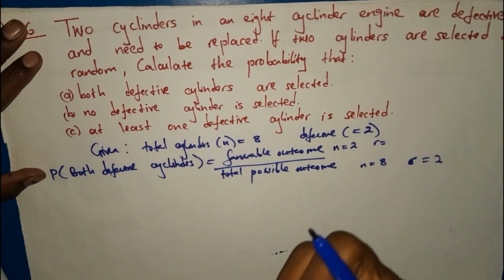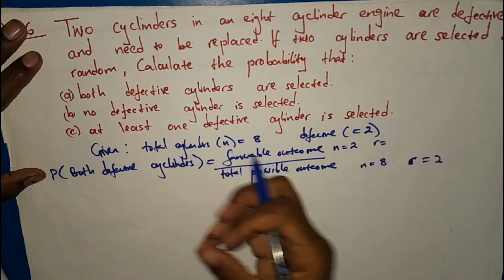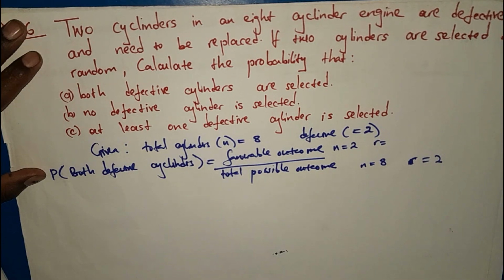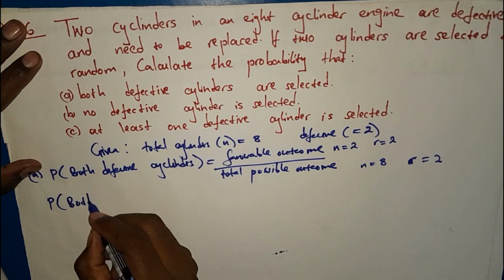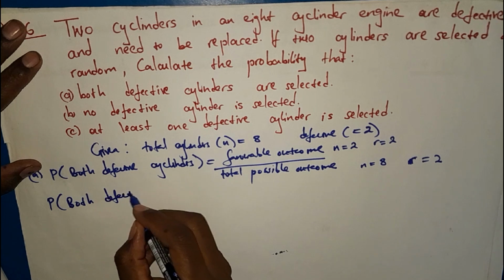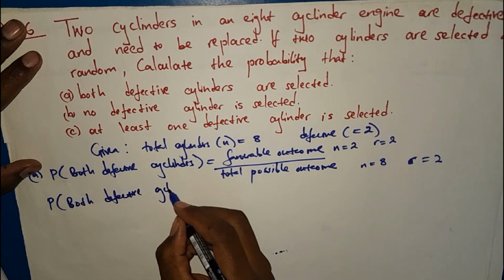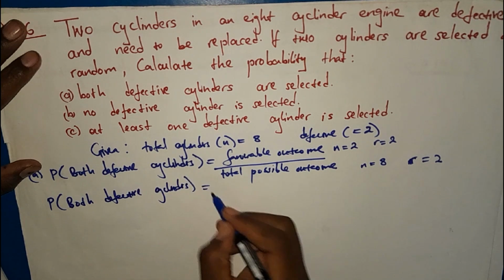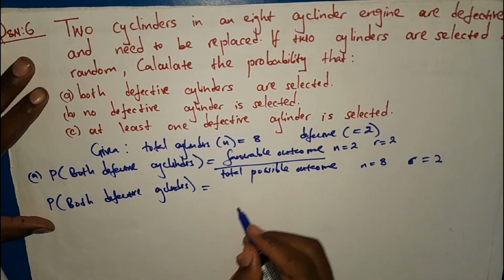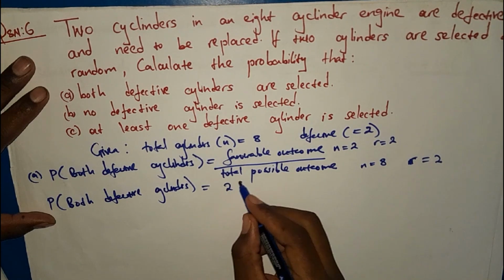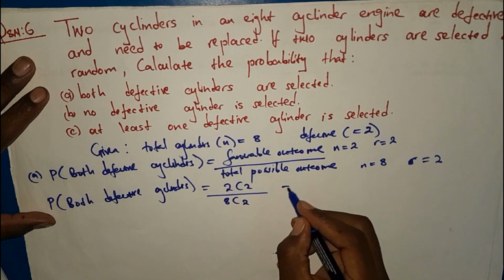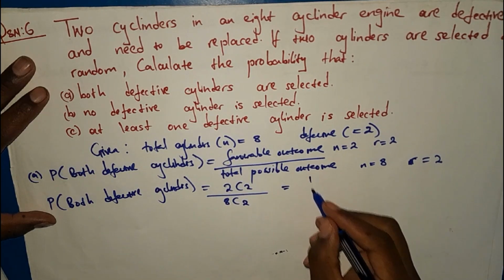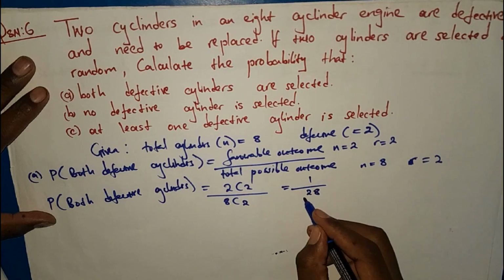Therefore, the probability that both defective cylinders are selected is, for the favorable, 2 choose 2 over 8 choose 2. This is going to give us 1 over 28.